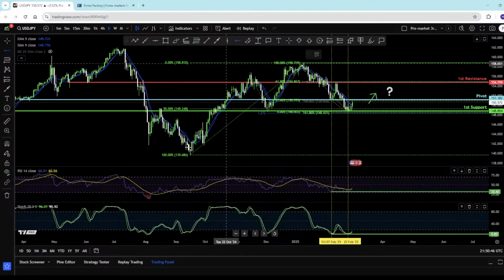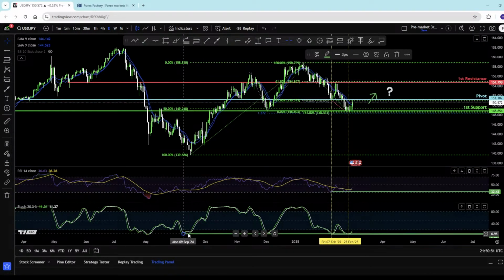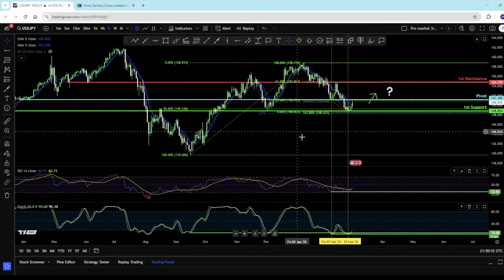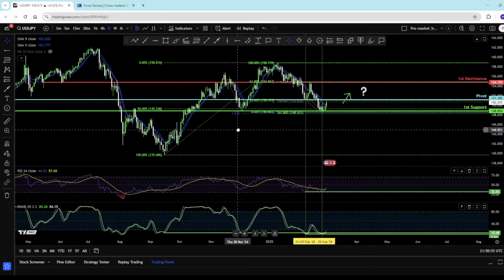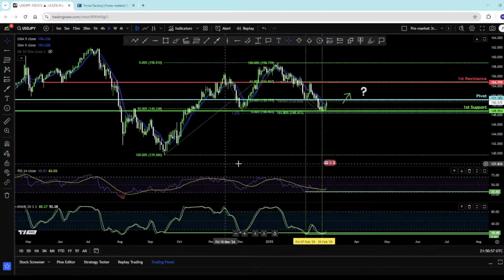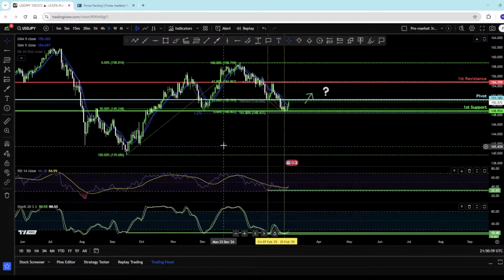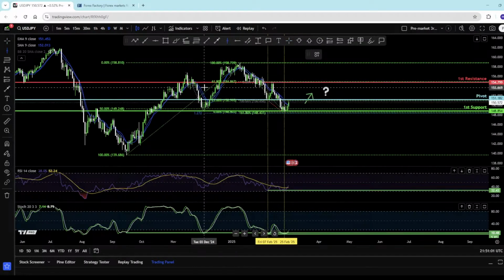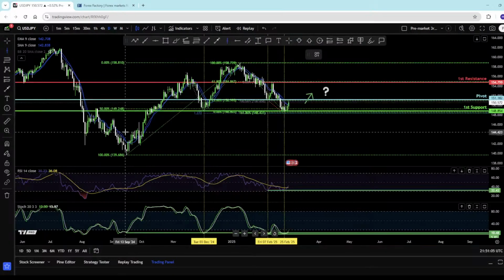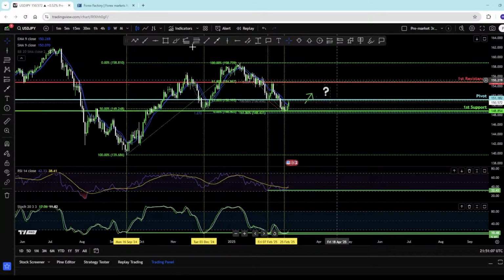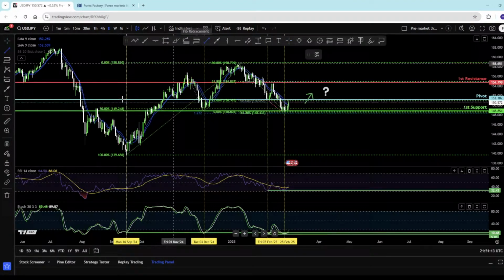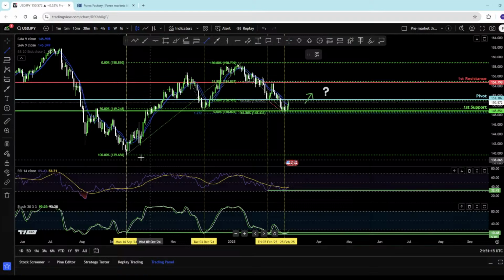Okay, so in this case, using that same level, here we are looking at past prices, so this doesn't really affect our analysis. I just want to show you guys what I mean by a hidden support.